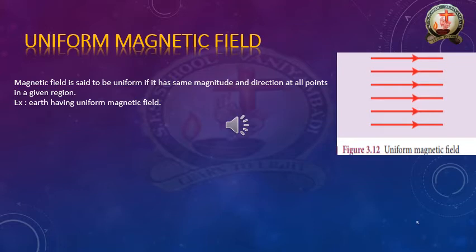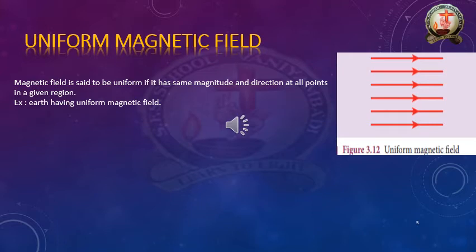Okay, exactly this concept I explained in the electrostatics chapter. There, I told you about uniform electric field and non-uniform electric field. It is exactly the same concept here, only instead of the electric field we are using the magnetic field. That's it.